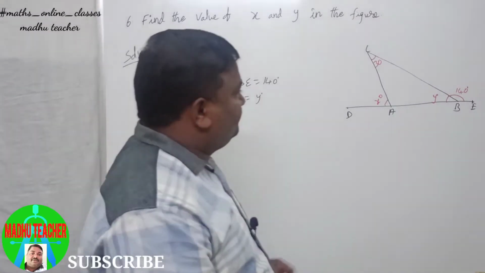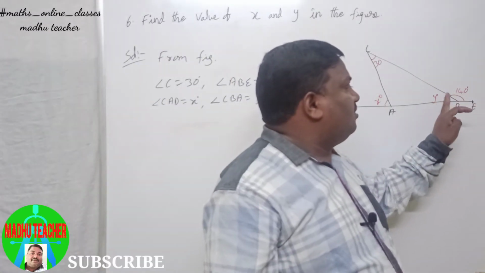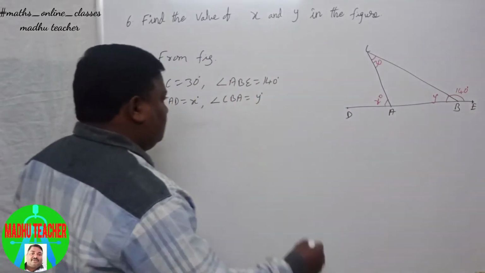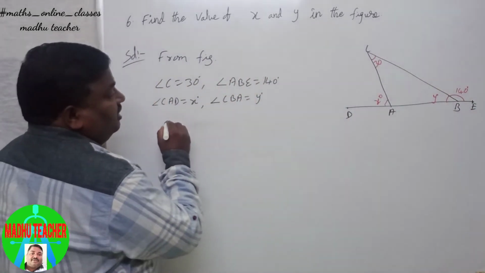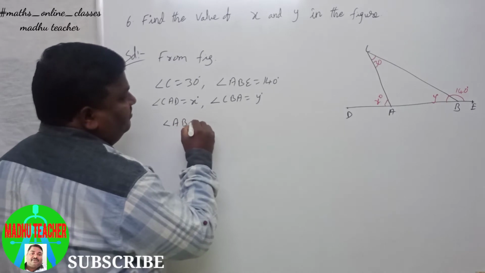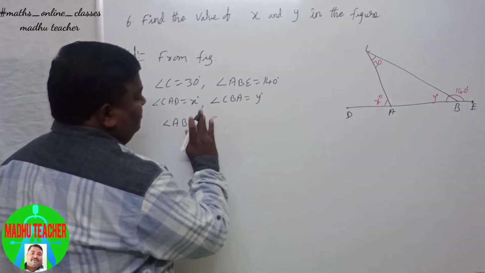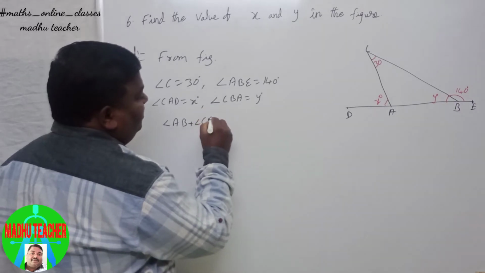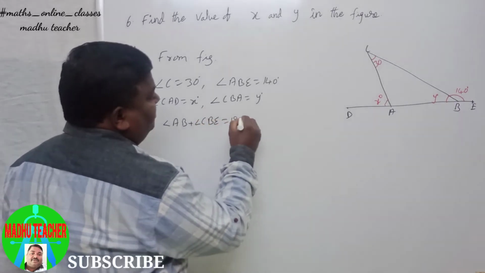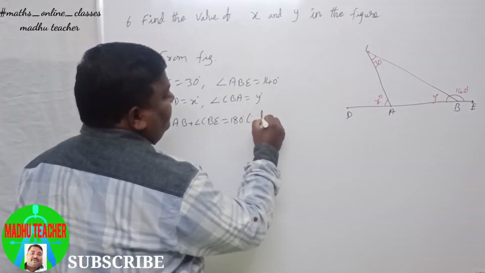Here, these two are a linear pair. Angle ABC plus angle CBE equals 180 degrees, since linear pair.